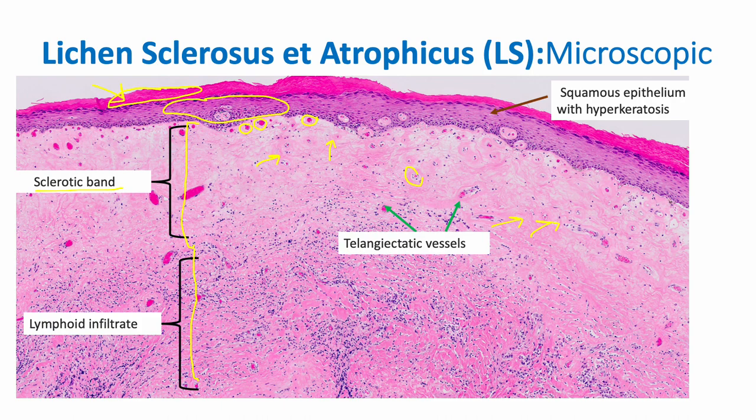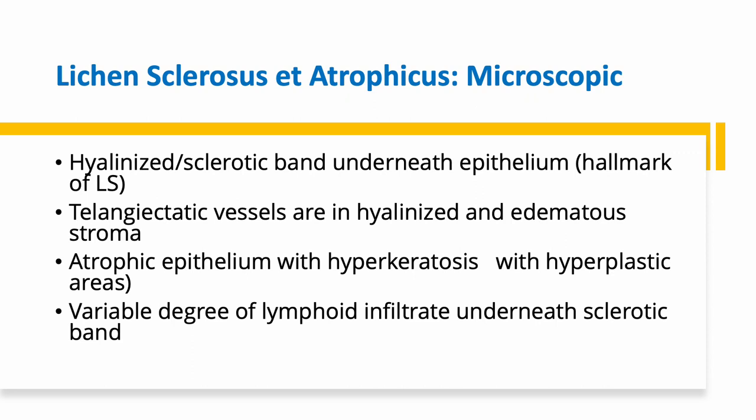So those three histologic features make up the clinical diagnosis and the clinical manifestation of this condition. This slide summarizes the microscopic manifestation of lichen sclerosus.